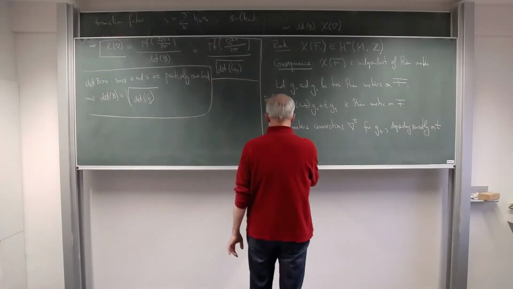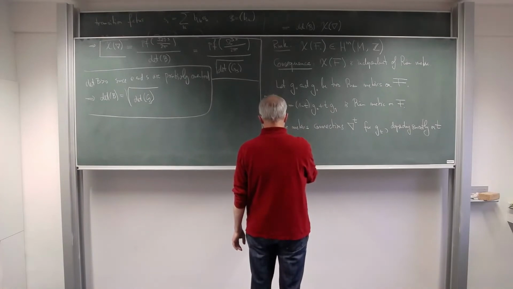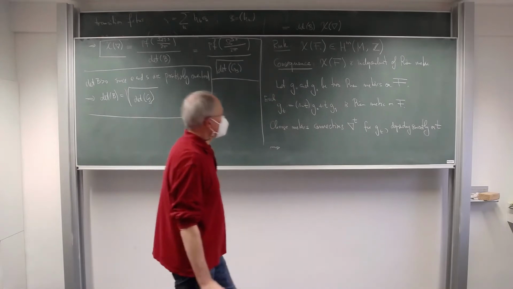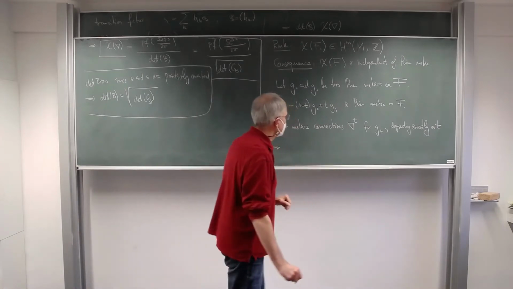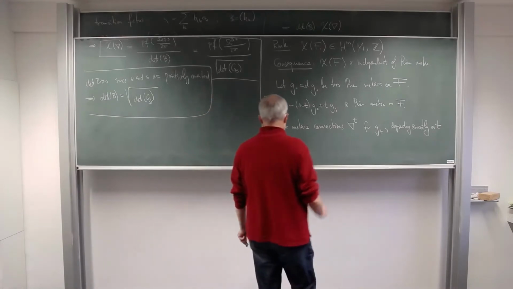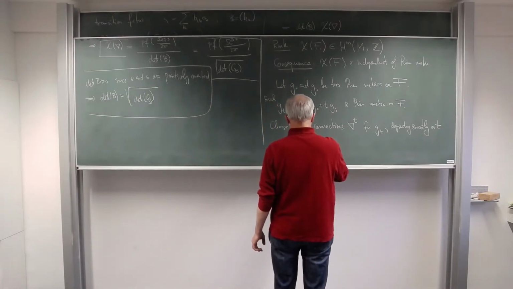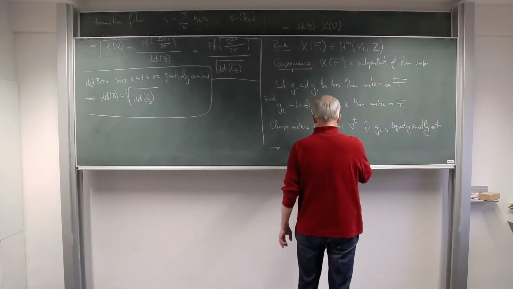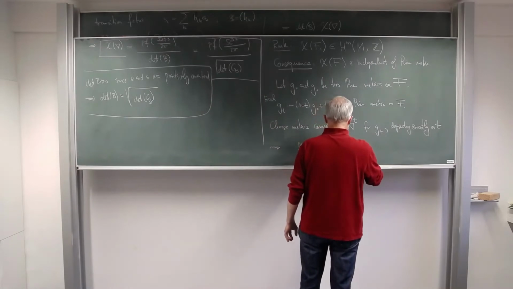And then from this, for each metric g_t and the corresponding connection nabla_t, we will get a corresponding Euler form, right? And this then depends also smoothly on t.